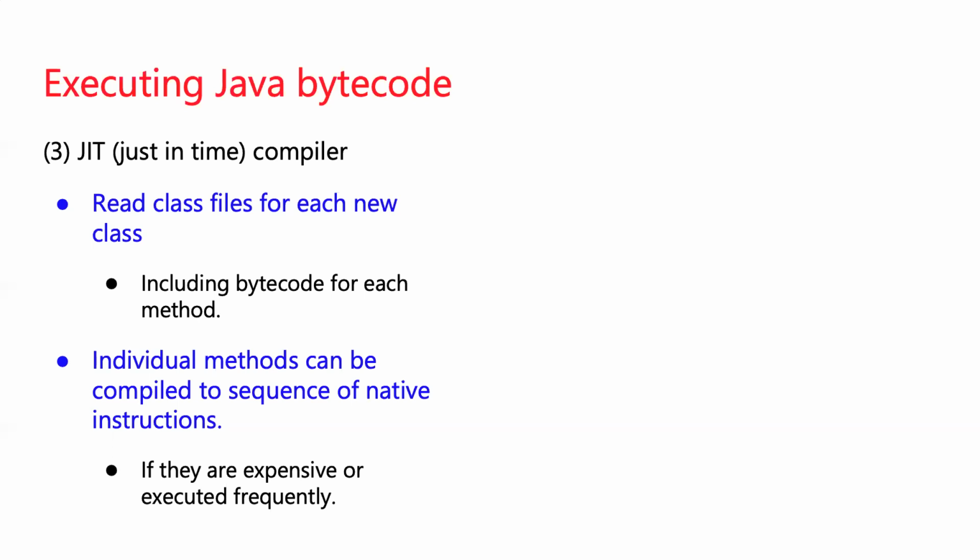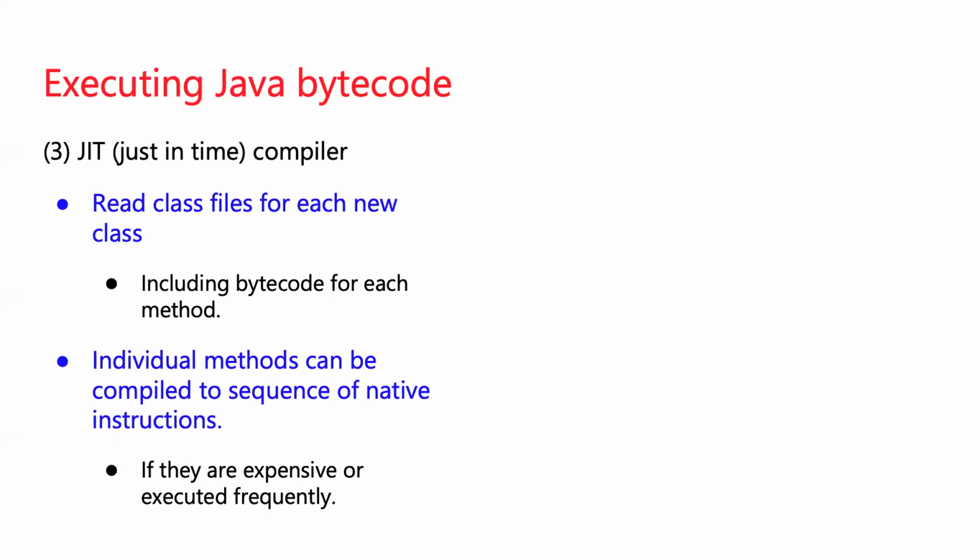Instructions that are rarely used, there's probably no point doing this, since the overhead of compiling them down to native instructions might dominate the savings on that. So within a particular class, some of its methods could get compiled down to native instructions, and others wouldn't have to be.